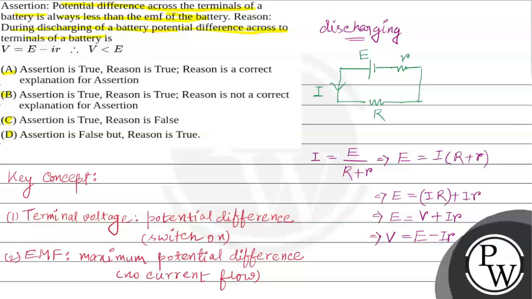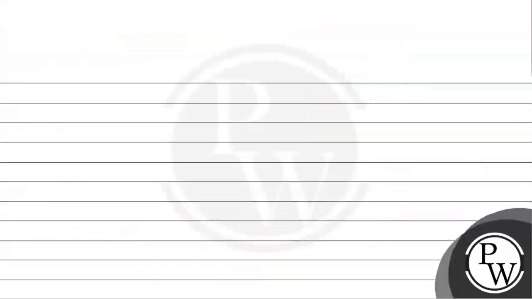Okay, and next we discuss charging of the cell. Now again draw a diagram. This is the cell with EMF capital E and internal resistance small r.